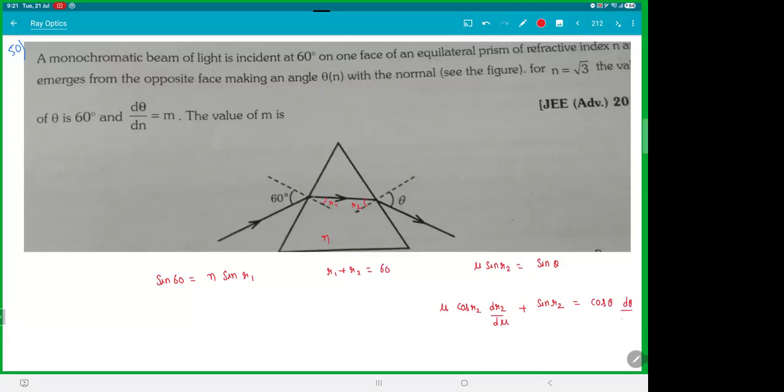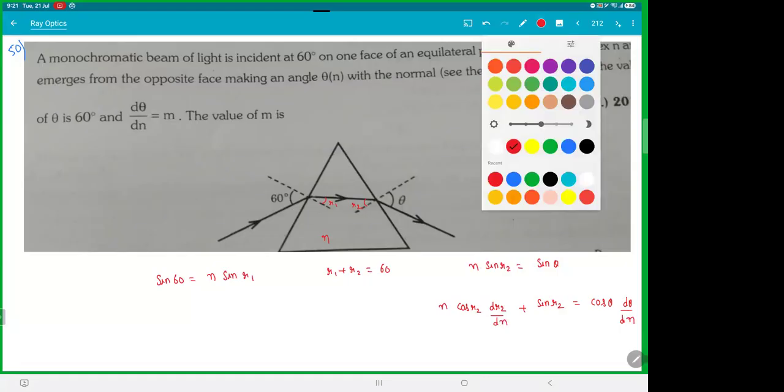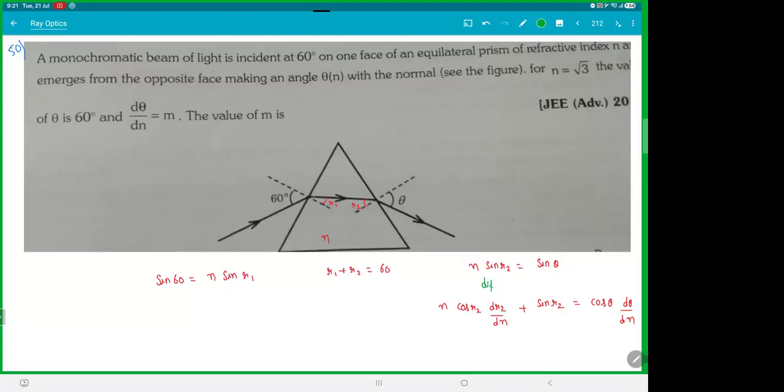There, that is where you get your d theta by dn from. I'll call it n, right? So this is n, this is n. There, that is where your d theta by dn is sitting. So differentiate with respect to mu.